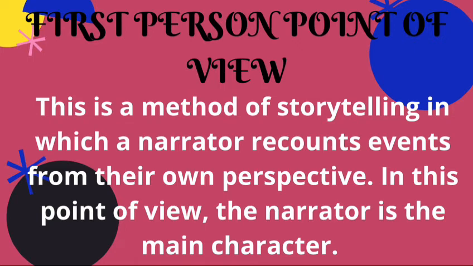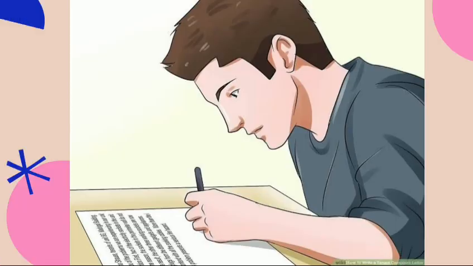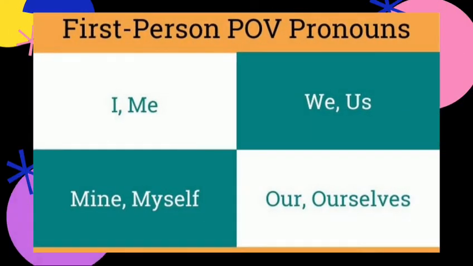This point of view is limited. It doesn't know everything. And this person is telling his own story because he is involved. The first person point of view uses pronouns like I, we, us, ourselves.